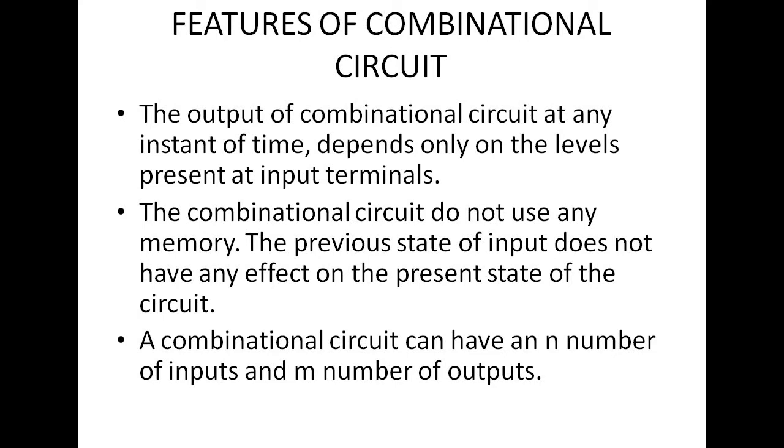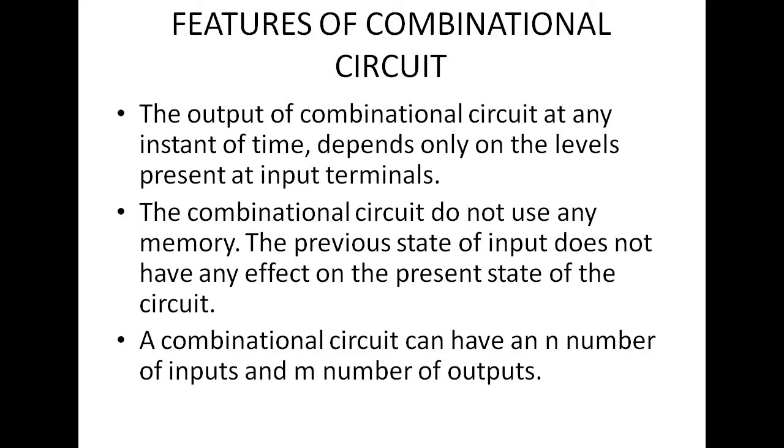The second point is that a combinational circuit does not use any memory. In a combinational circuit, no memory element is used because the output only depends on the present state of input. We are not in a position to store anything.